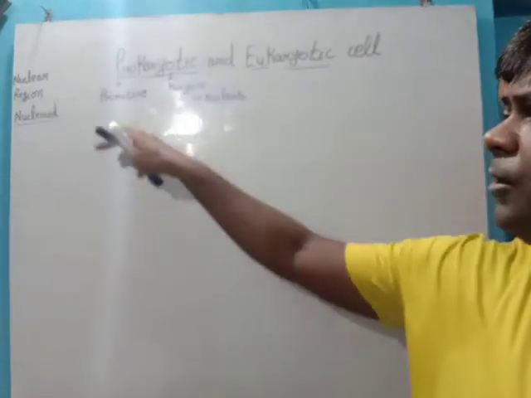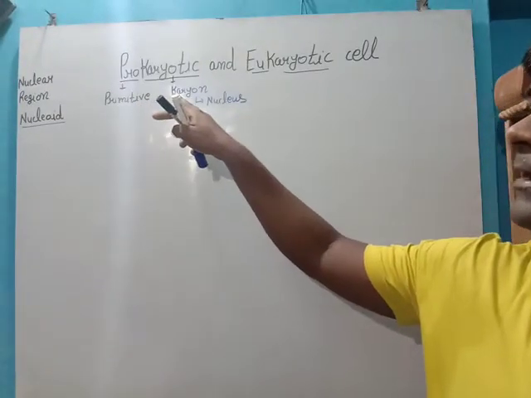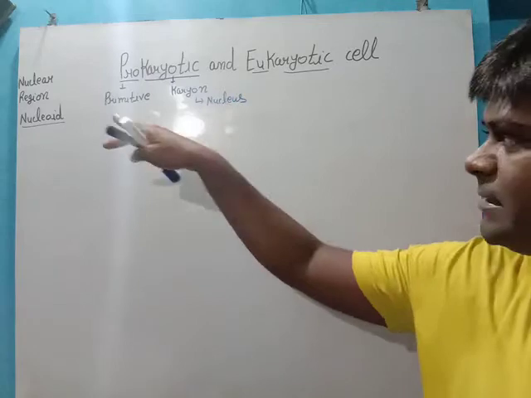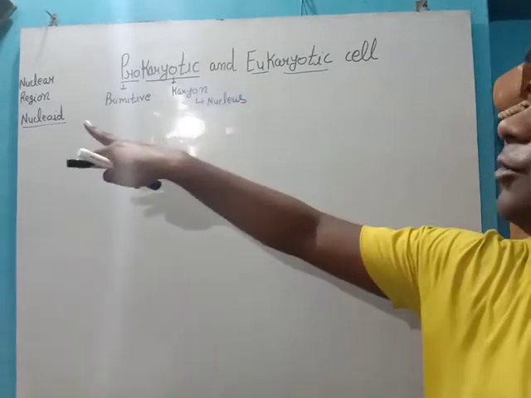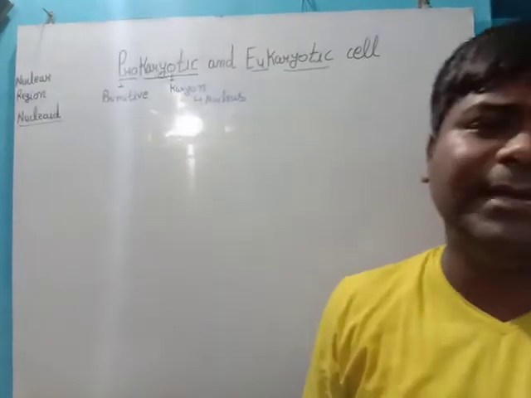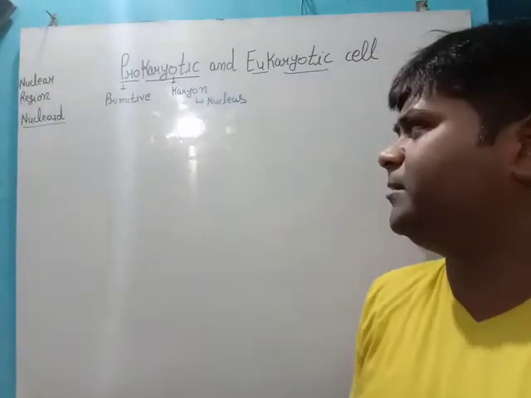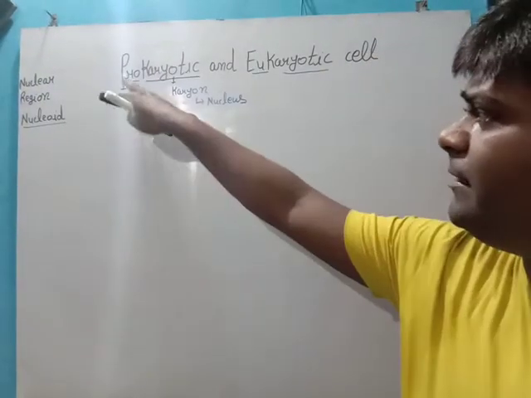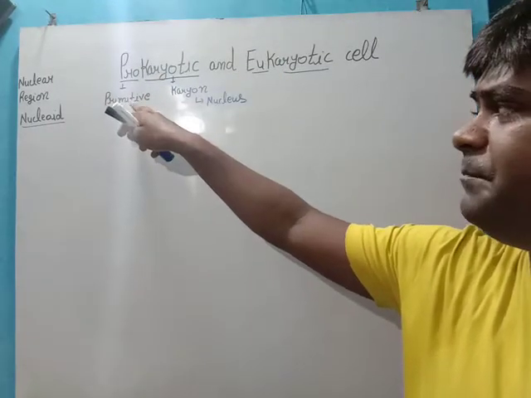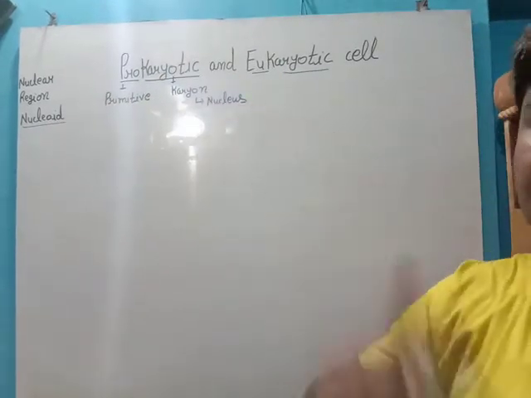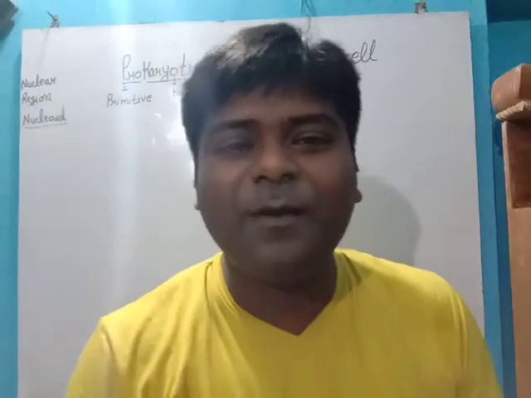A cell which has a primitive nucleus is known as a prokaryotic cell. It is very easy when you break this word. A cell which has a primitive nucleus is known as a prokaryotic cell.